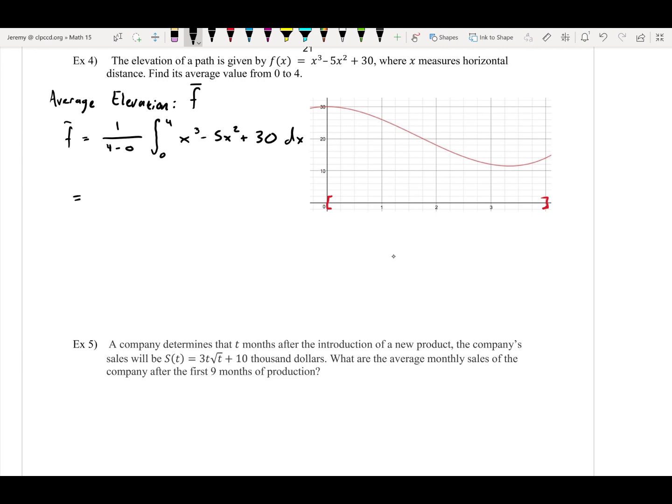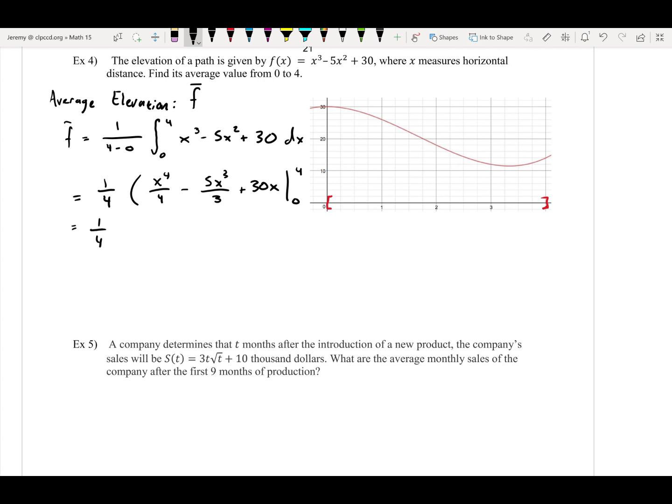Okay, so simplifying a little bit, this is just going to be 1/4. And then I think we could do the antiderivative now. Anti-differentiating, we'll get x to the 4th over 4 minus 5x cubed over 3 plus 30x, and we'll evaluate that between 0 and 4.